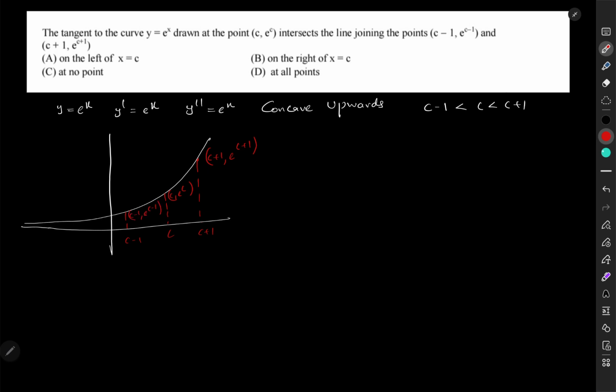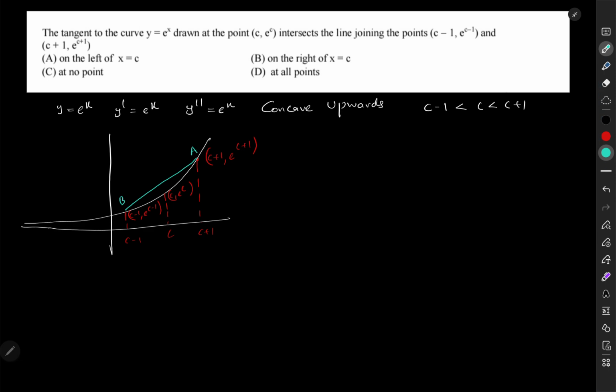Now if you join this chord, let it be AB. So the tangent to the curve intersects the line joining the points, so AB and the tangent at C.